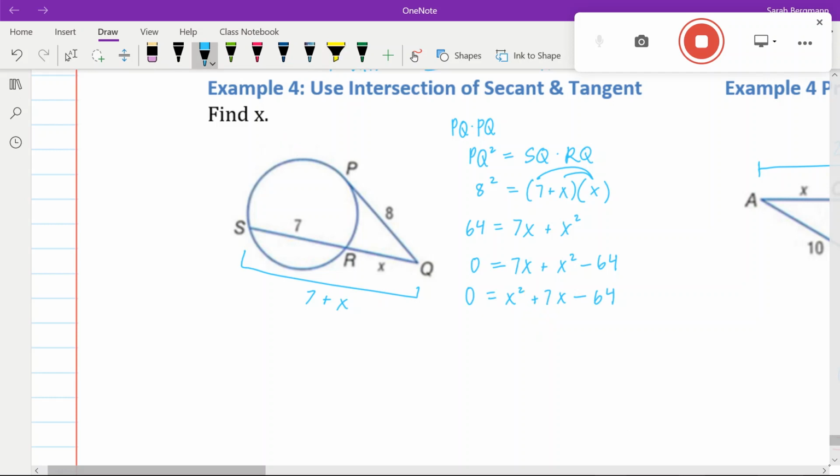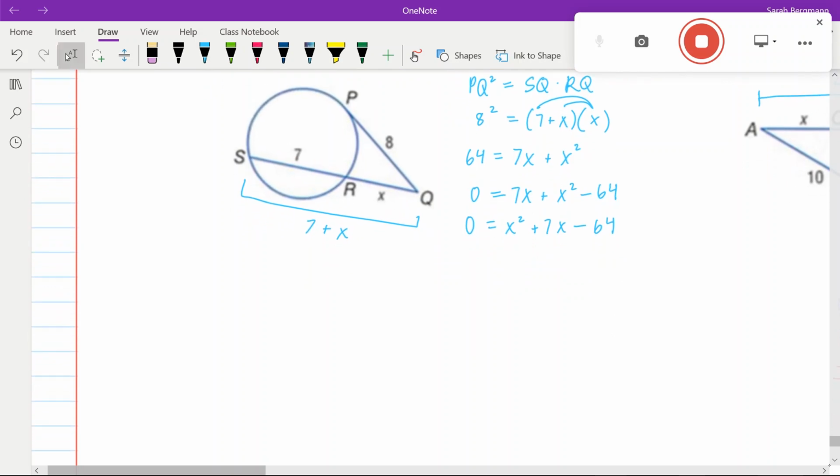So another option on how to solve this equation is using quadratic formula. I'll write quadratic formula over here off to the side for you. So remember, for quadratic formula, we do x equals negative b plus or minus the square root of b squared minus 4ac all over 2a. So let's talk about what these a, b, and c numbers are.